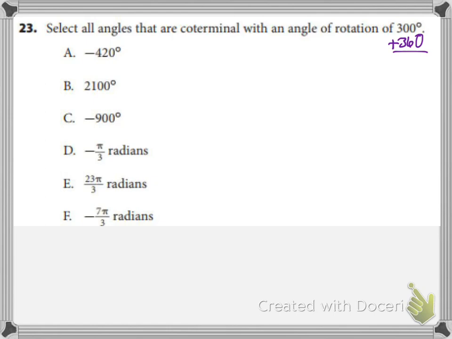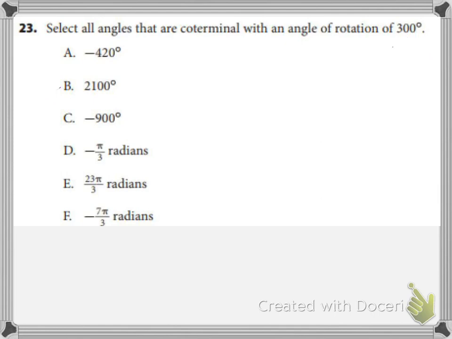Add 360, see if it matches any of those, until you either match up with 2100, the biggest one there, or go past it without touching. If you match exactly by adding 360, or if you match exactly by subtracting 360, you can circle it. If you go past and you don't ever actually touch that number, that's the ones you would cross out.